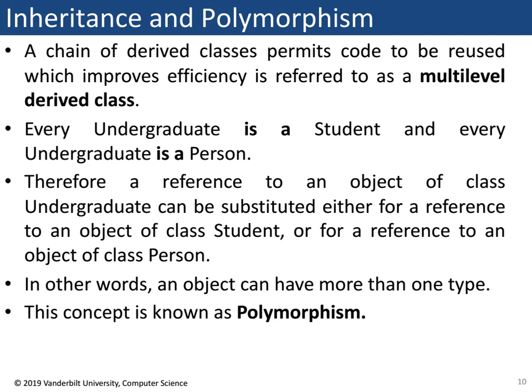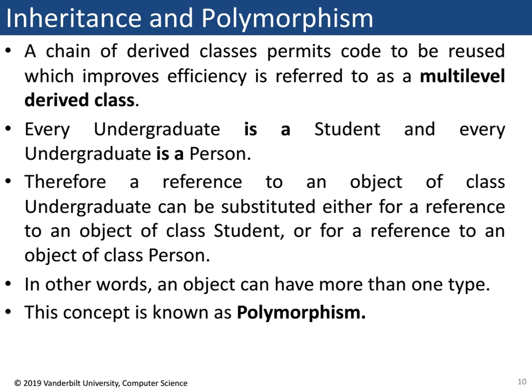Every undergraduate is a student, and every student is a person. Also, every undergraduate is a person. So if we were to call instance of, if we said some object which is type undergraduate instance of student, that would be true.